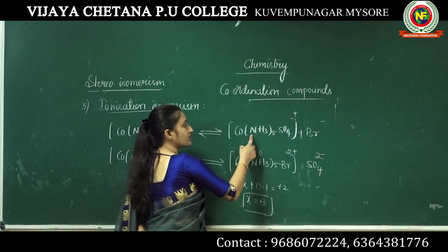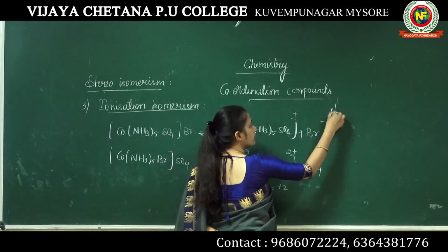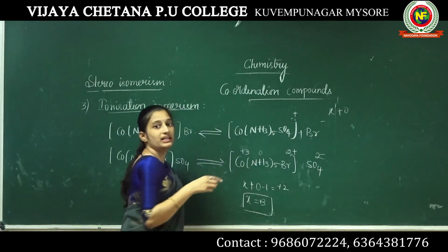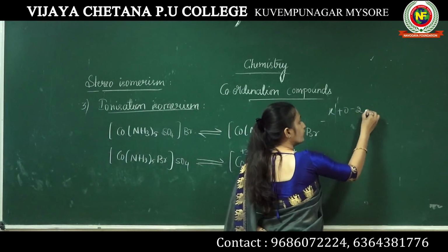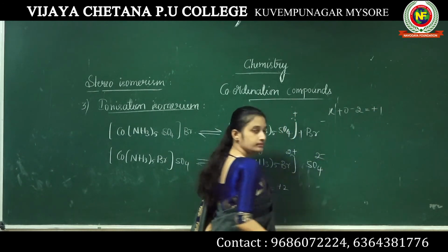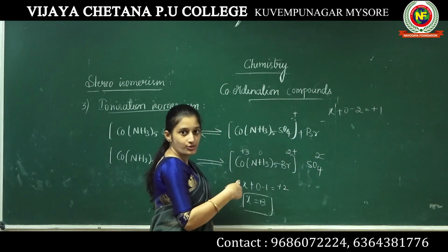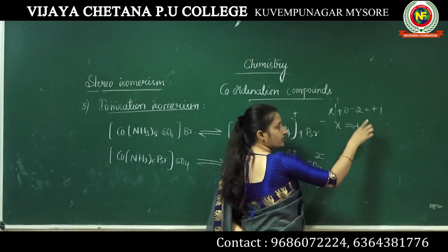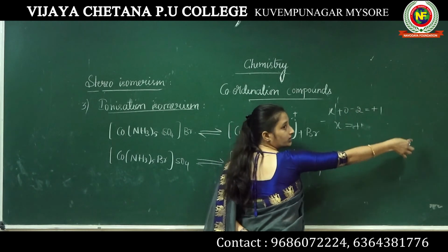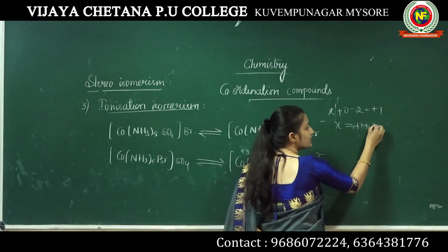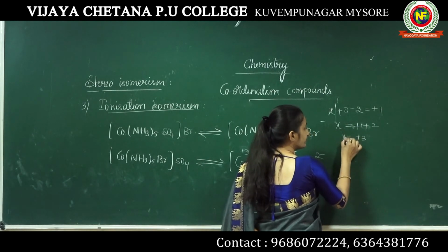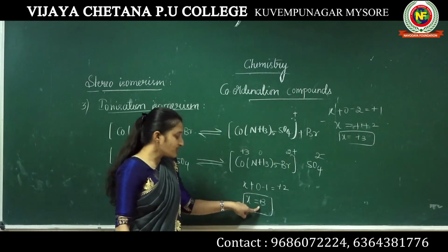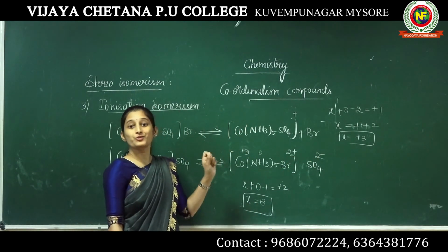Now calculate for the other. X, 0 into 5 is 0, this one is -2, overall charge +1. Sulfate is -2, that's why -2. X minus 2 equals +1, so X is +3. In both cases the oxidation states are +3, the same. That's why isomerism.